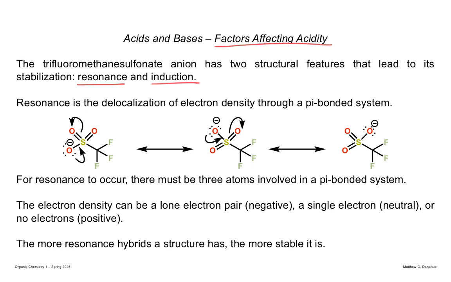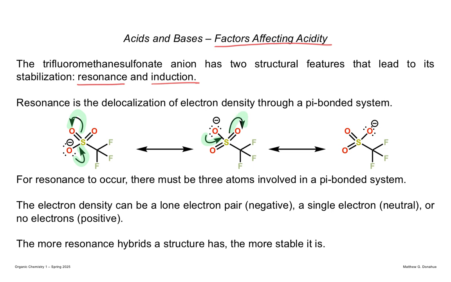As shown here with these arrows, we said that oxygen has a negative charge. As shown in these arrows highlighted in green, that negative charge can be delocalized through resonance onto all of those other oxygens.